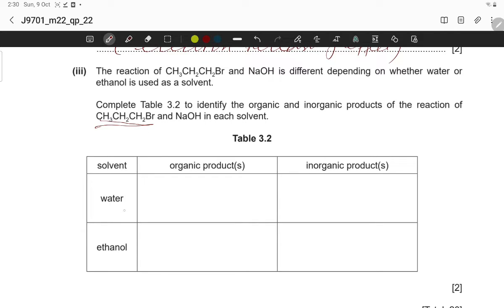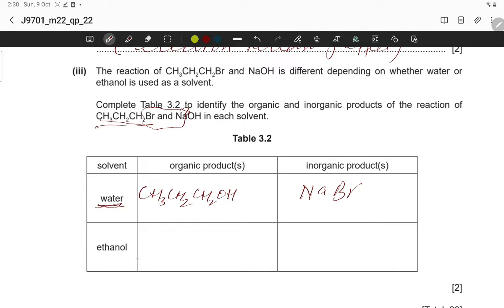We know that when the solvent is water, in aqueous medium, OH is formed, alcohol is formed: nucleophilic substitution, CH3CH2CH2OH, and the inorganic product is sodium bromide, NaBr.